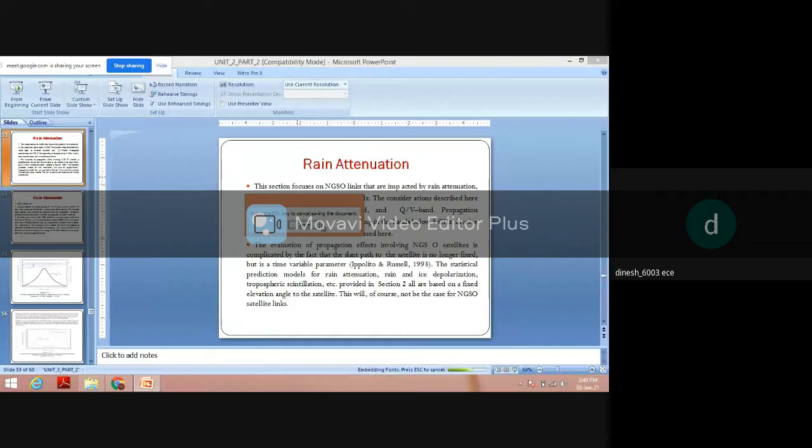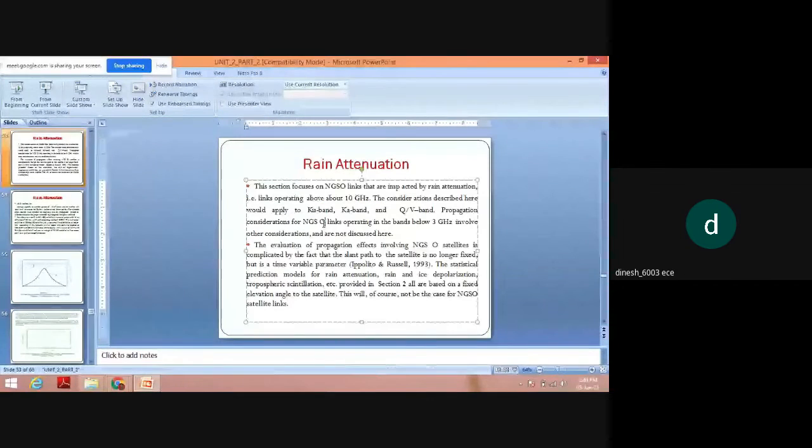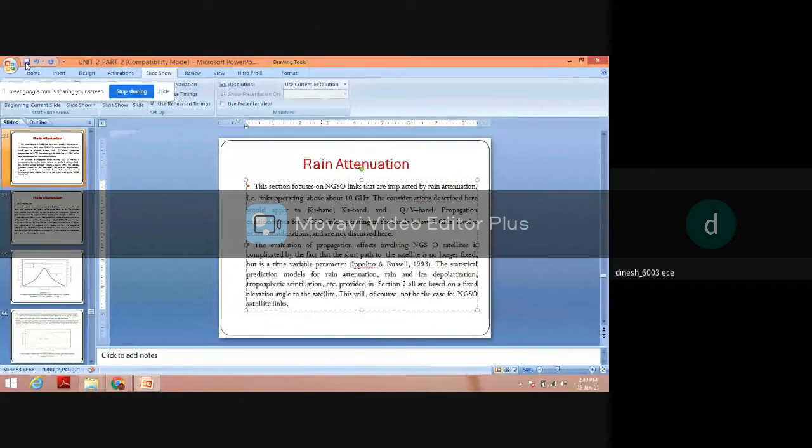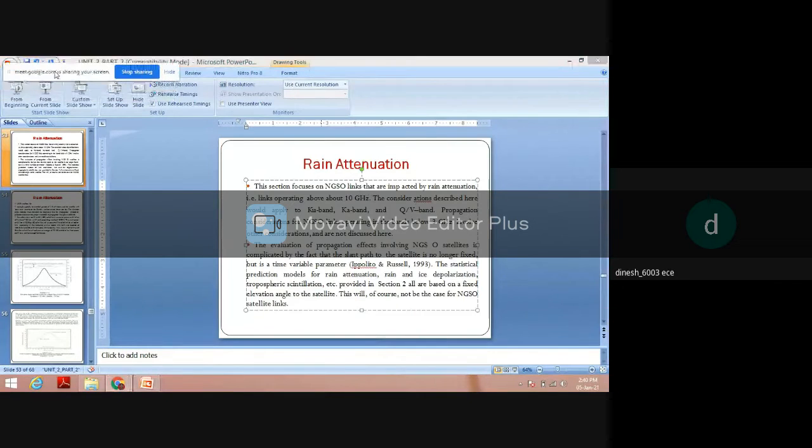Why? Because rain attenuation is a factor, it occurs, only for an operating frequency of the satellite which is about 10 gigahertz. So below 3 gigahertz, rain will not come into the picture.